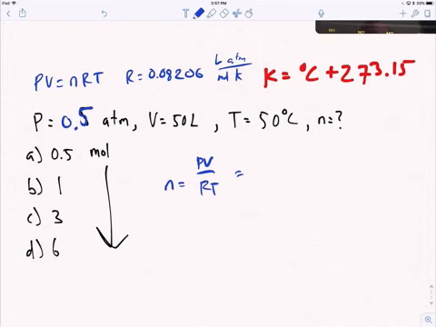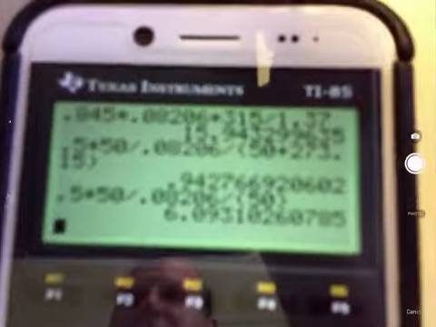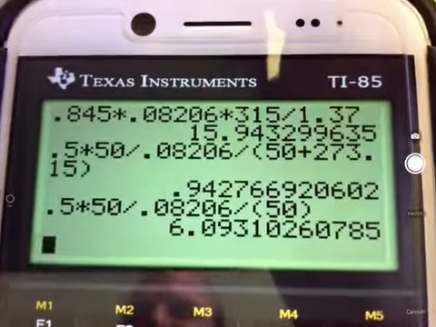All right, so I'm going to think it's A, half a mole. B, 1 mole. C, 3 moles. D, 6 moles. Oh, you guys fell for the trap. You underestimate the sneakiness.